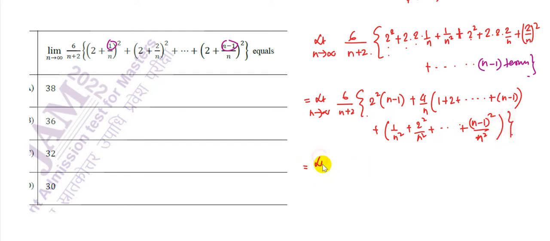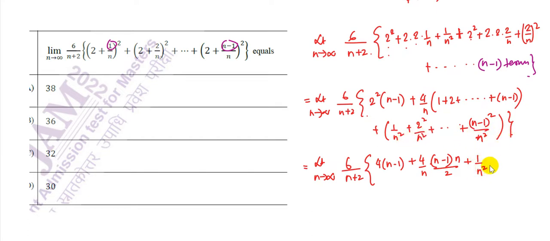So which is limit n tending to infinity 6 by n plus 2 into 2 square, or we can write 2 square as 4, into n minus 1, plus 4 by n into, this is the sum of the first n minus 1 positive integers, that means n minus 1 into n by 2, plus, this is the sum of the squares.